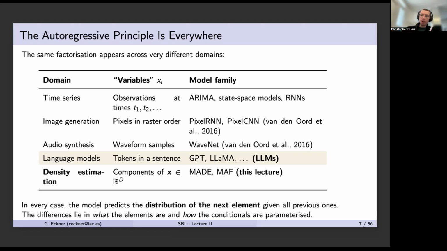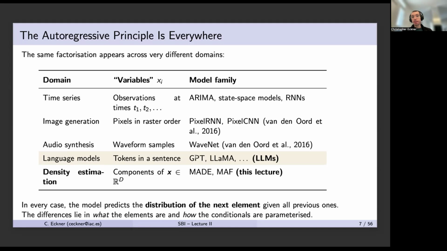So the prediction of your large language model is that the next word depends on its past, so the tokens that have been put there before. Large language models like GPT and Llama are a way to implement this.